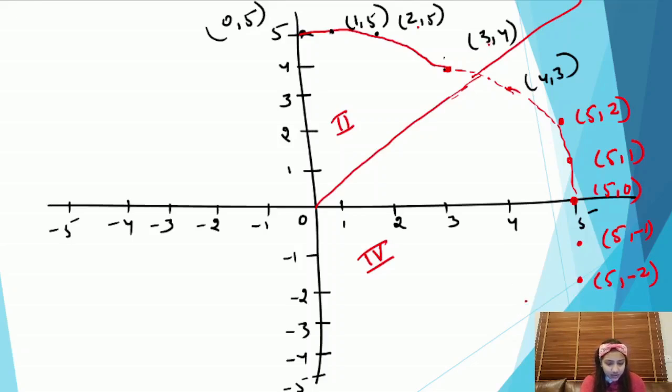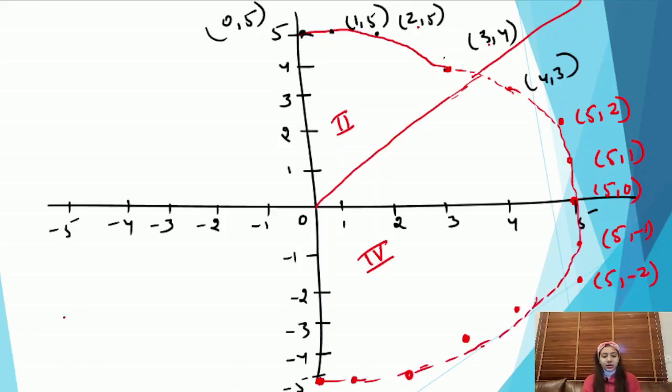Then this (3, 4) will become (3, -4), which is this value. Then this (2, 5) will become (2, -5), which is here. (1, 5) will become (1, -5) here. And then this (0, 5) will become (0, -5), which is here. So this is the fourth quadrant of our circle.